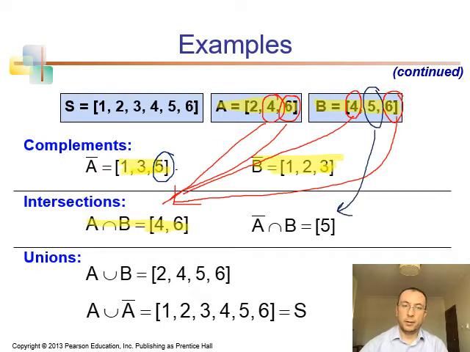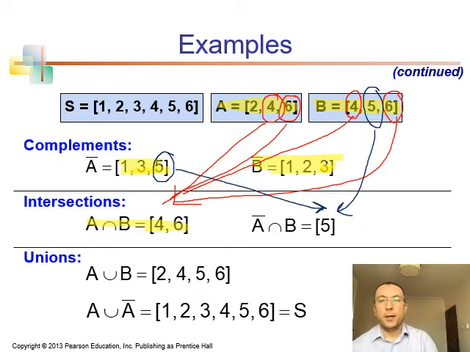So the common intersection is here. And the union. Union means they are together. So if you put them together, we will have 2, 4, 5, 6. And obviously, if you take a union of a complement with the event itself, that will give us the sample space.